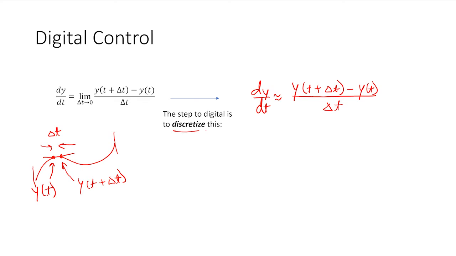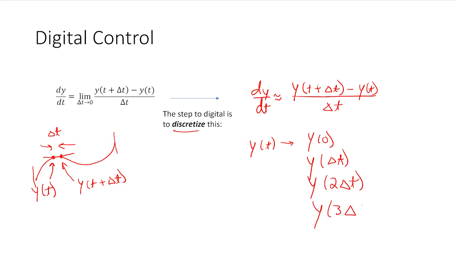That means I have values of y of t at y of 0, y of delta t, y of 2 delta t, y of 3 delta t, and so on and so forth. And delta t needs to be a small number. The question is, it's all relative to the function itself how small delta t needs to be.